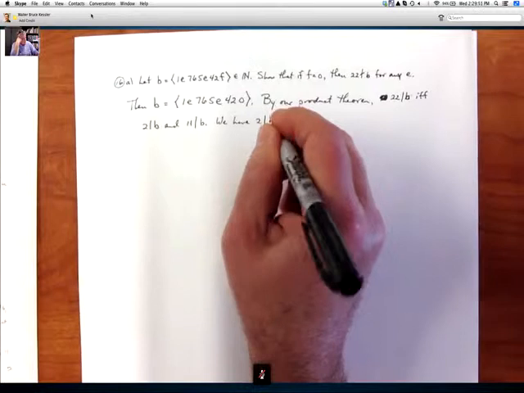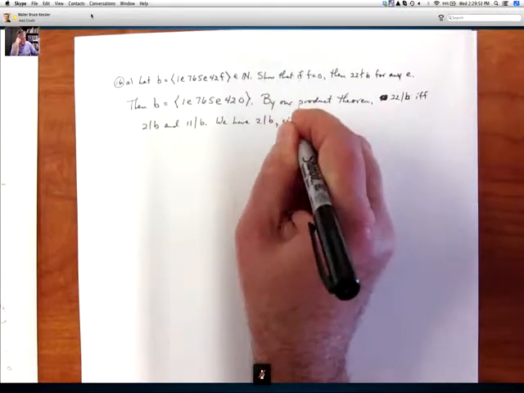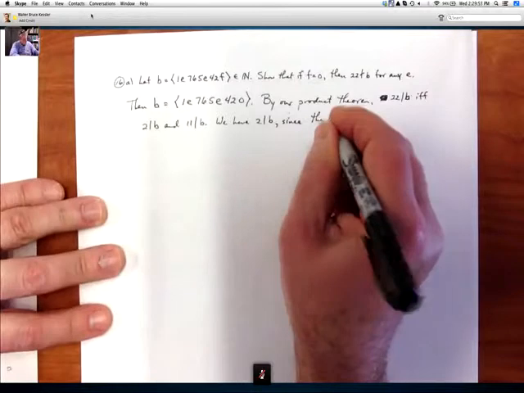We have 2 divides B, okay, since the last digit is 0.